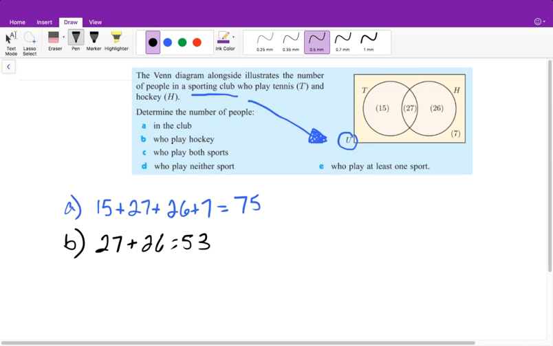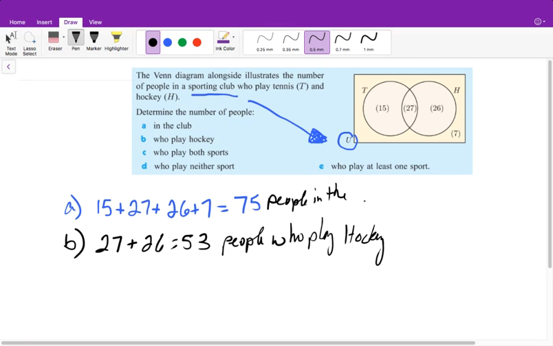Let me just label this. It's 53 people who play hockey, and this is 75 people in the club.